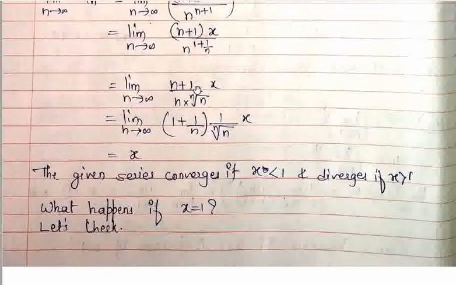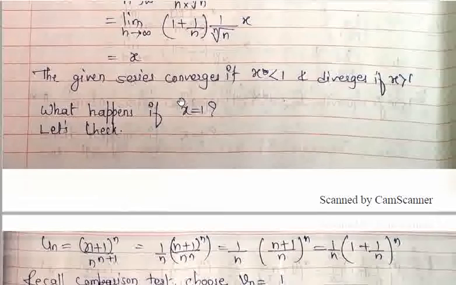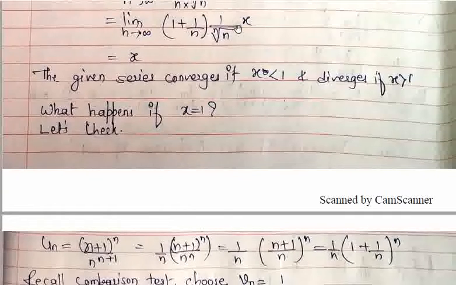So you can rewrite that as n times the nth root of n, and here this can be rewritten as this, and n divides 1 by n, and this can be rewritten as a third. So this simply becomes x. So the given series converges if x is less than 1 and diverges if x is greater than 1.